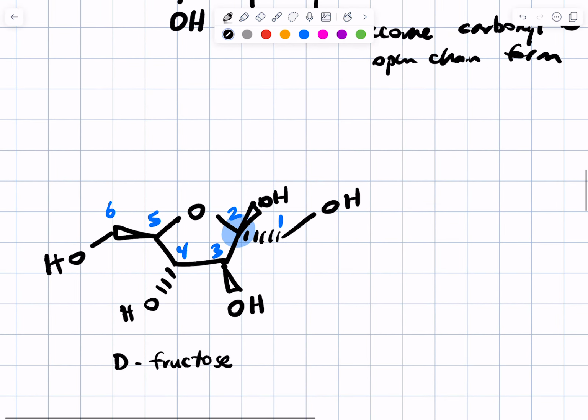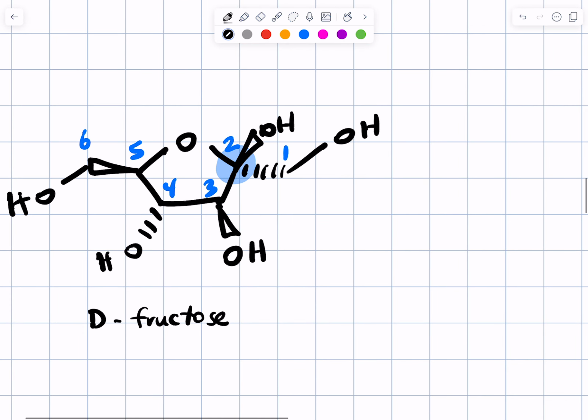So let's just think through this. Here's the OH group on hemiacetal carbon 2. Here are 2 spectator groups, C1 and C3. They're carbons, they're not leaving groups. And then here is the OR group. All right?